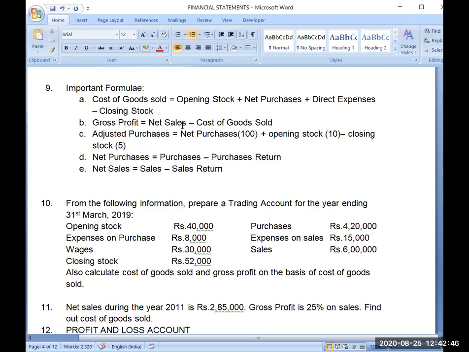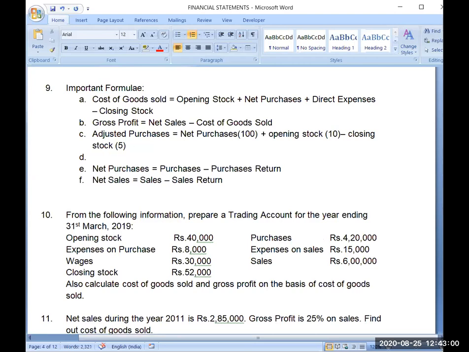You will find only the difference of direct expenses. If you will add direct expenses in adjusted purchases. Okay, now answer this question. If I add, what will I get here? If I do adjusted purchases plus direct expenses, what will I be getting if I add direct expenses to the adjusted purchases?